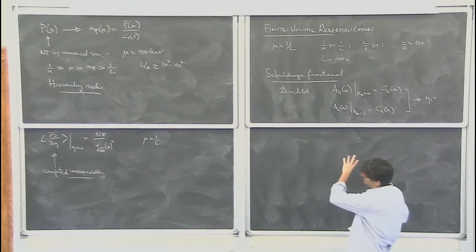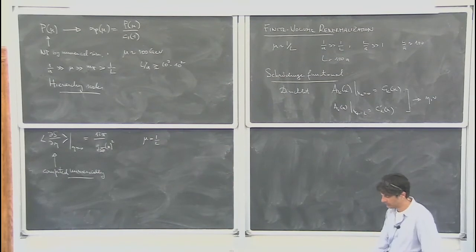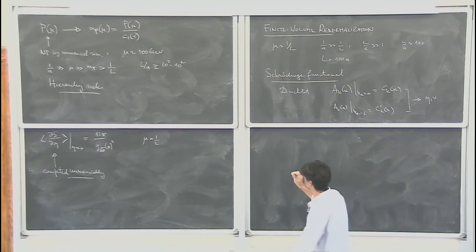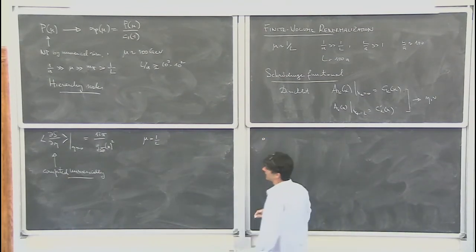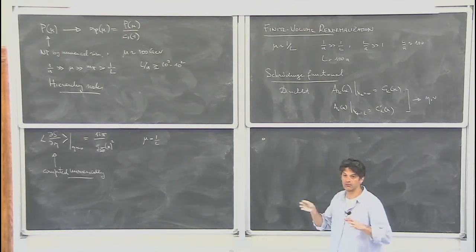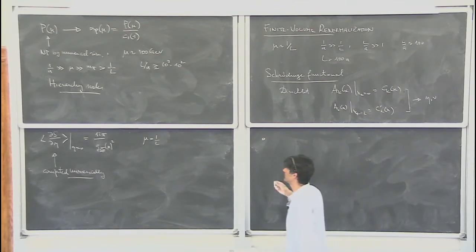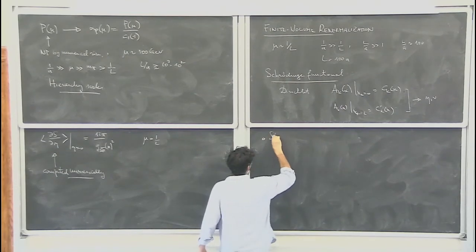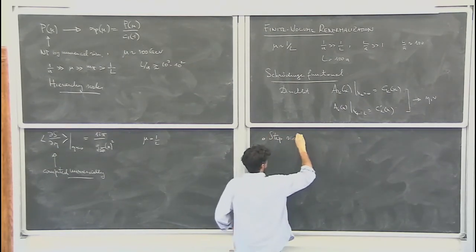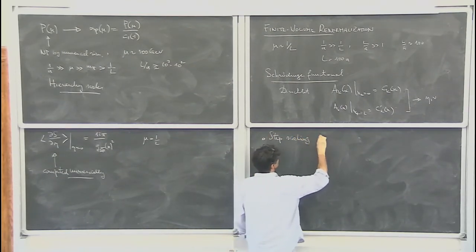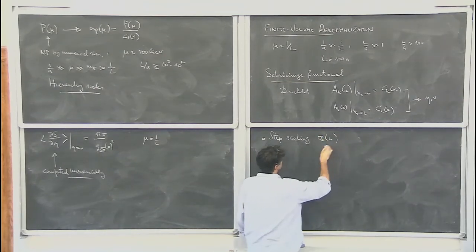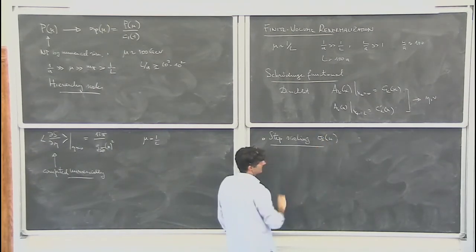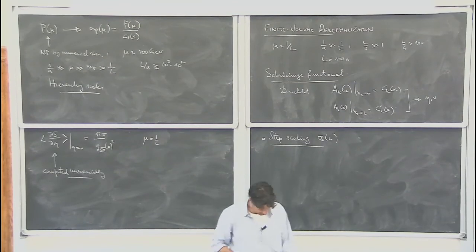So, I mean, there are many, many things that we are introducing and defining, so let's try to keep an eye on the logic without getting bogged down by the technical details. Okay? So we define a step scaling function, which we call sigma_s of u. Okay? And sigma_s is defined as follows.